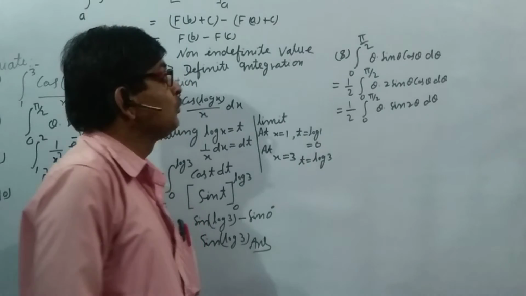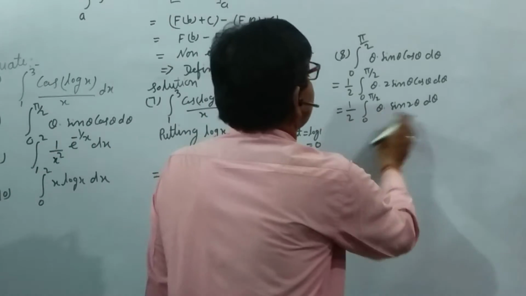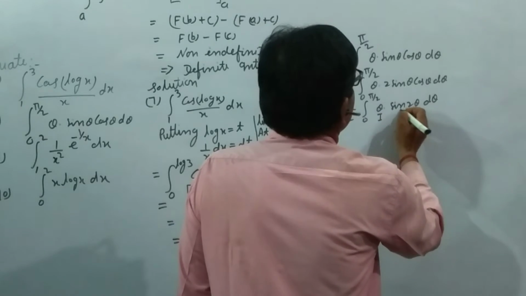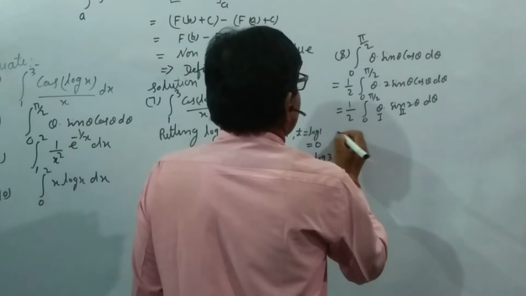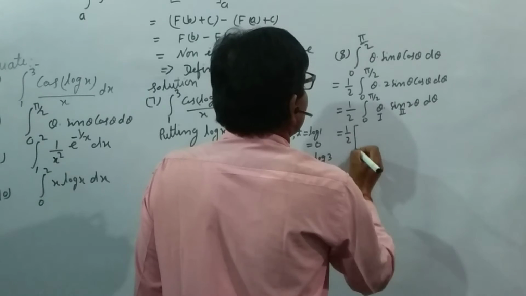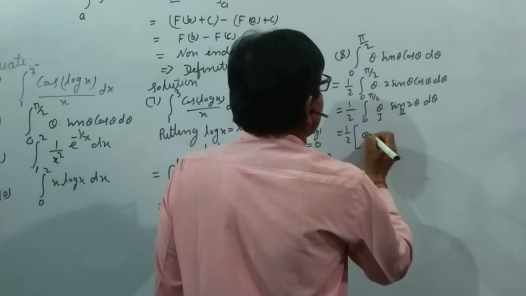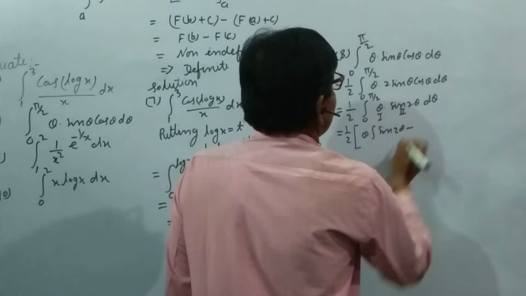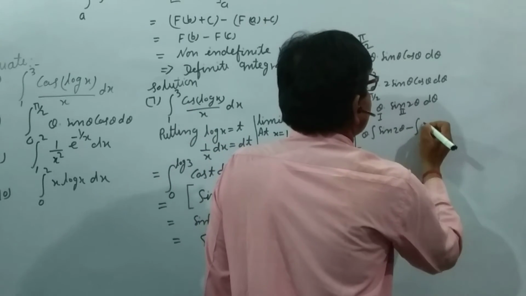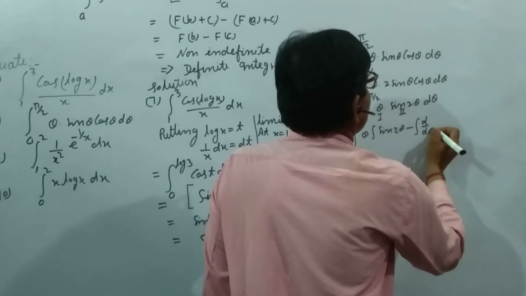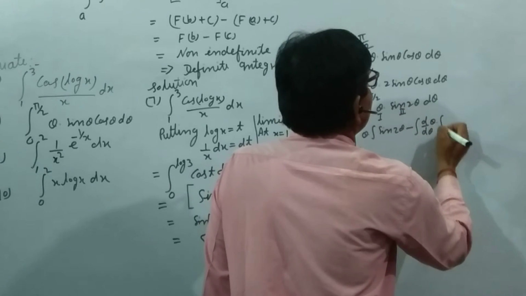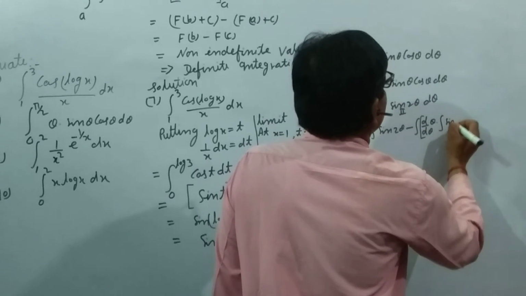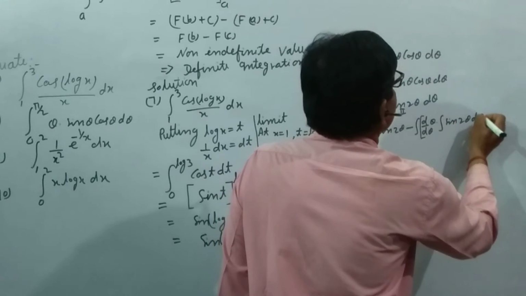Now here we integrate this by parts; we take theta as the first function and sin 2 theta as the second function. Now 1 by 2, first function theta times integration of sin 2 theta, minus integration of the differentiation of the first function times the integration of the second function sin 2 theta d theta.